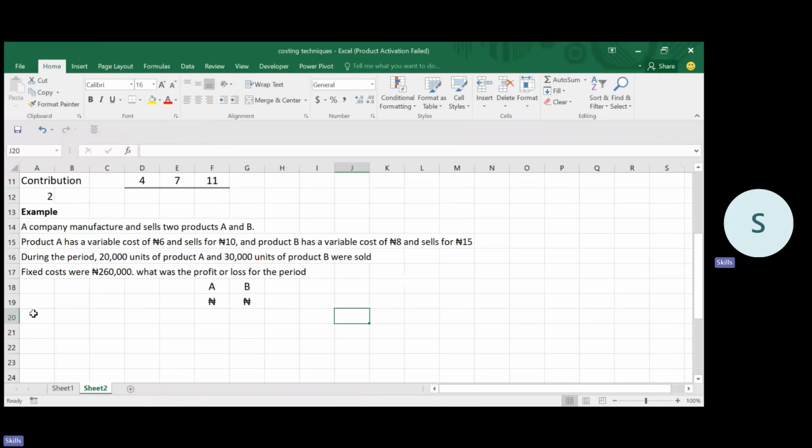In Naira currency. Okay. We have sales, selling price.